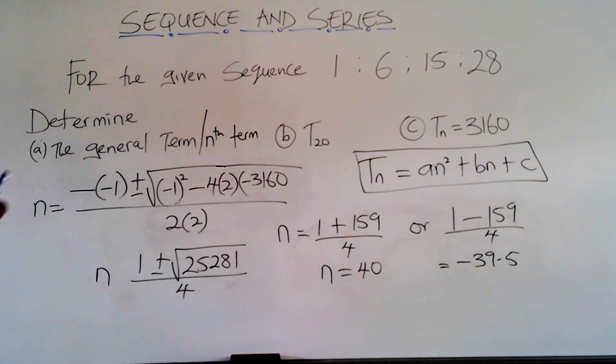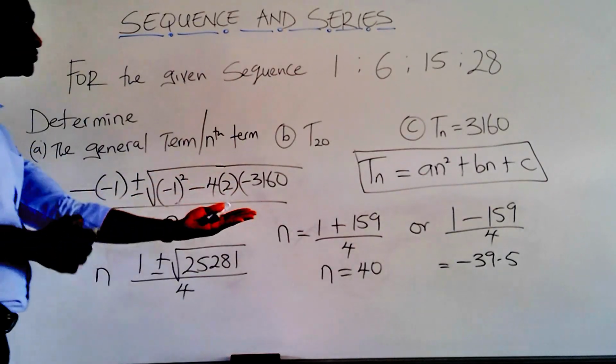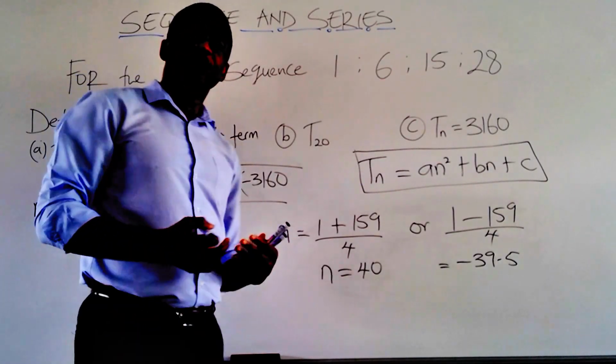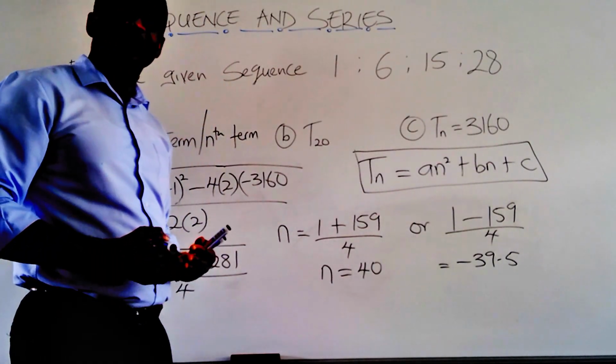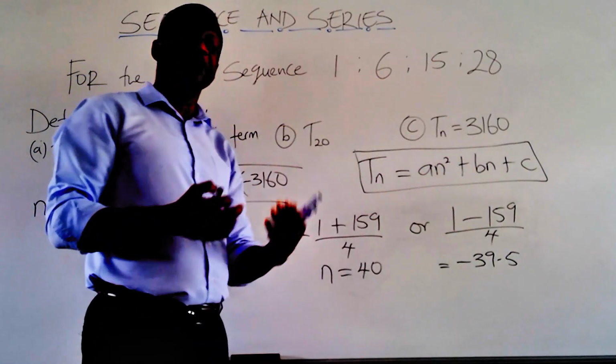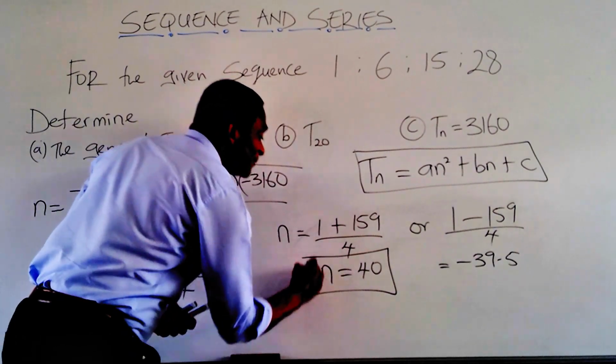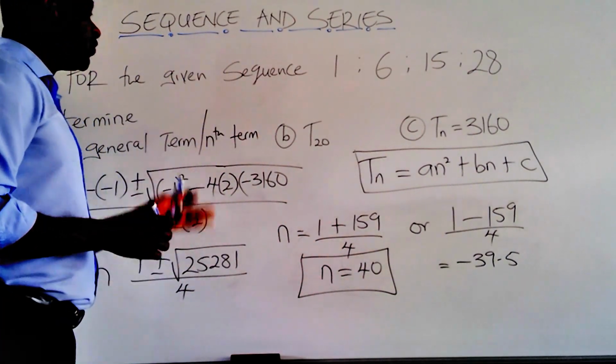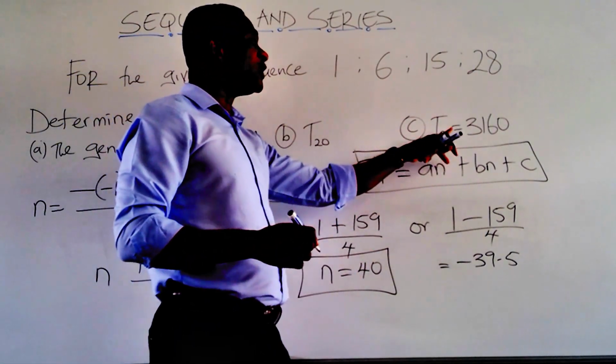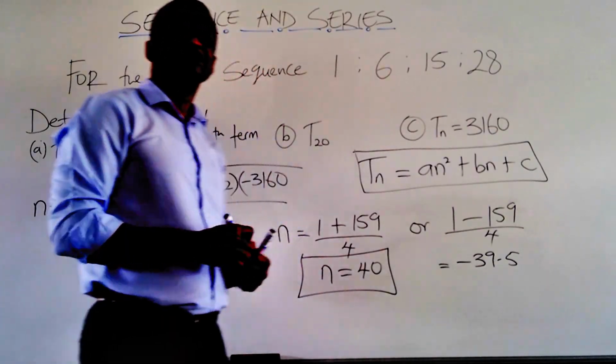Now, when we check these two values, remember, like I said before, the number of terms must be a whole number. So this will be our final answer. So term 40 is what will give us 3160.